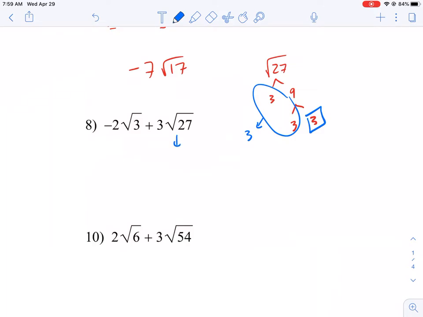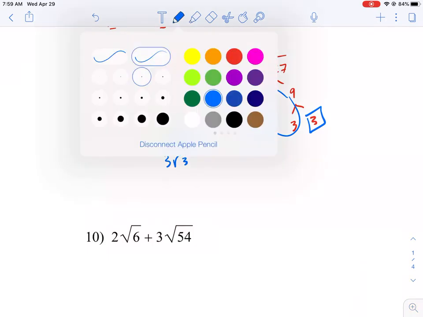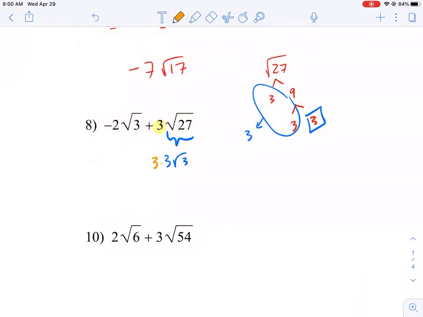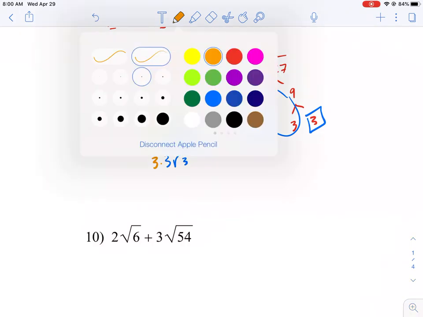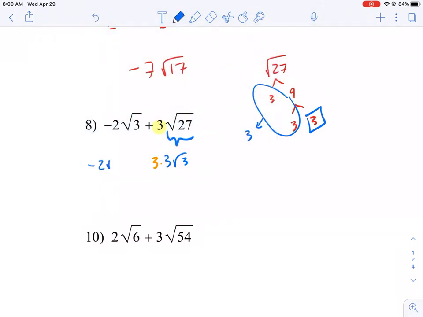So we're going to rewrite this as, okay, this is the careful part. A lot of people would write 3 radical 3 and they'd be done, but that is just the square root of 27. You can't forget about this 3 out in front, so don't forget to multiply it by this 3. So then we have, let's write this in blue, negative 2 radical 3.